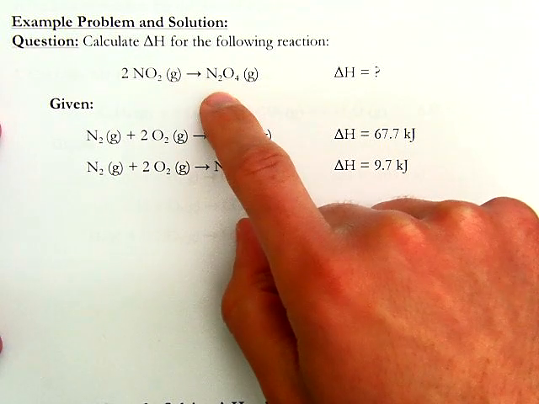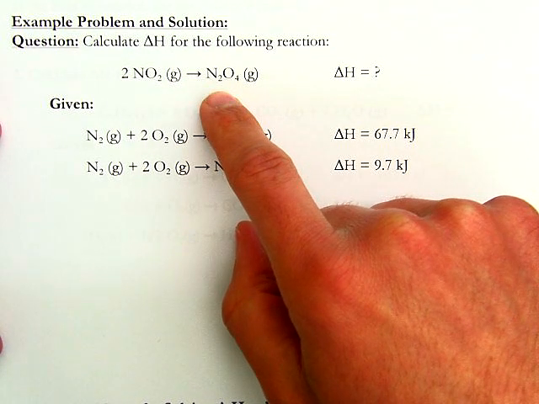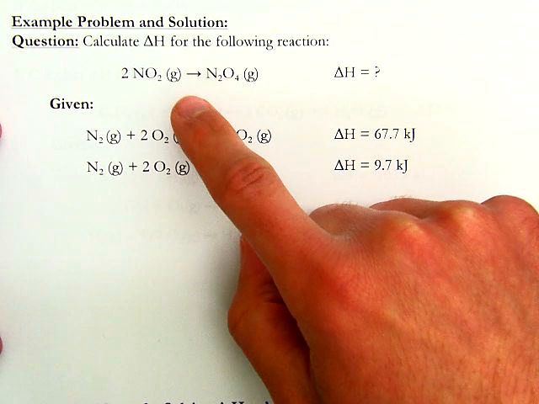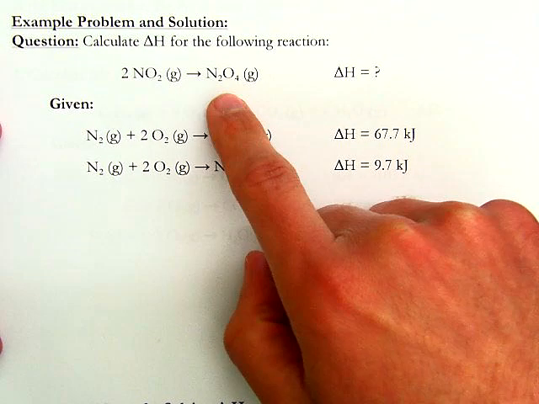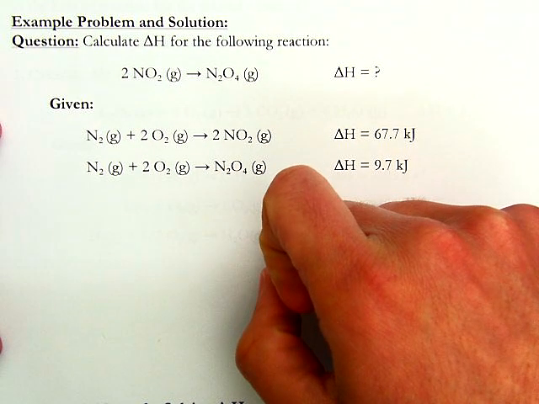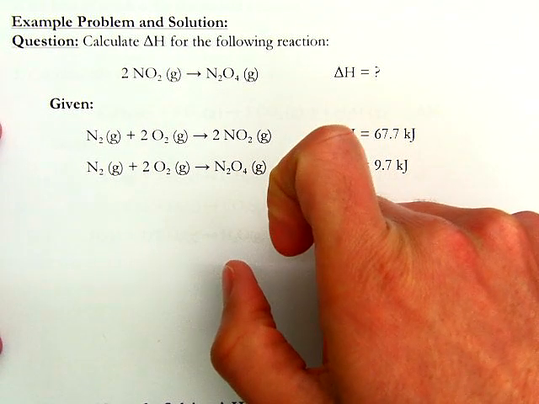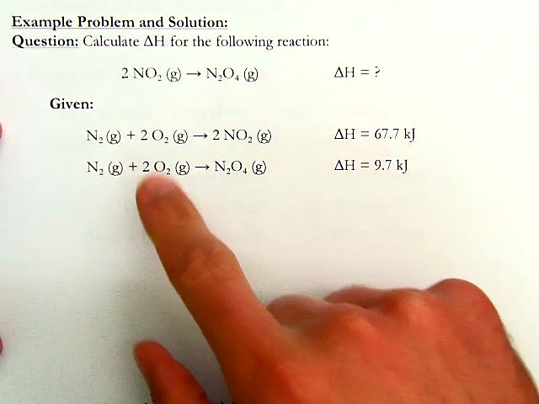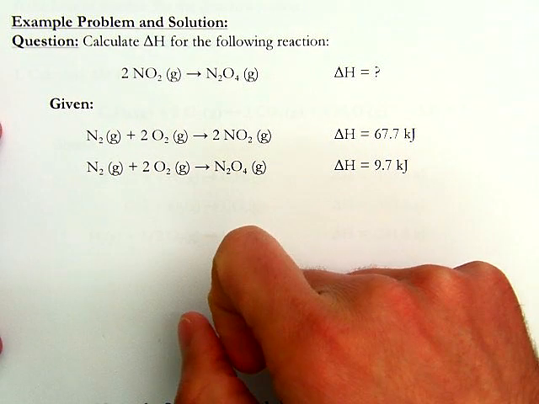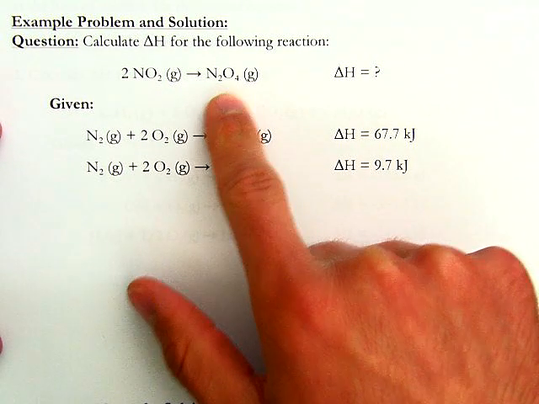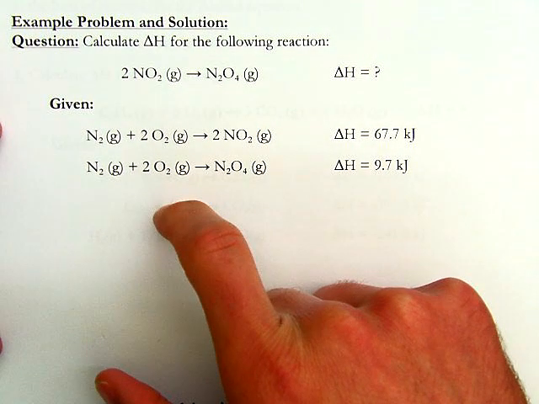Maybe it's hard to measure, or the rate of reaction is difficult, or we don't have the equipment, or one of the products is dangerous. So we don't want to measure it directly, but we have this known information. We're trying to find delta H for this reaction given these chemical equations.